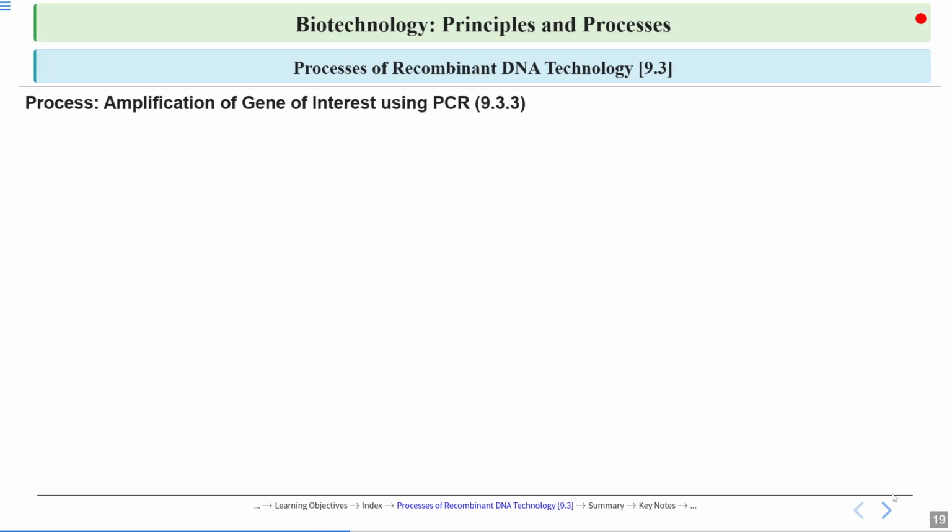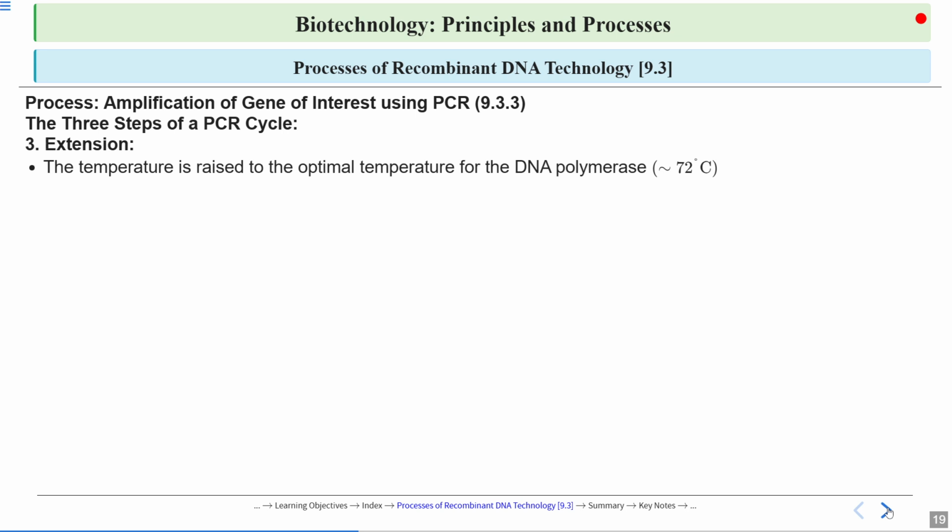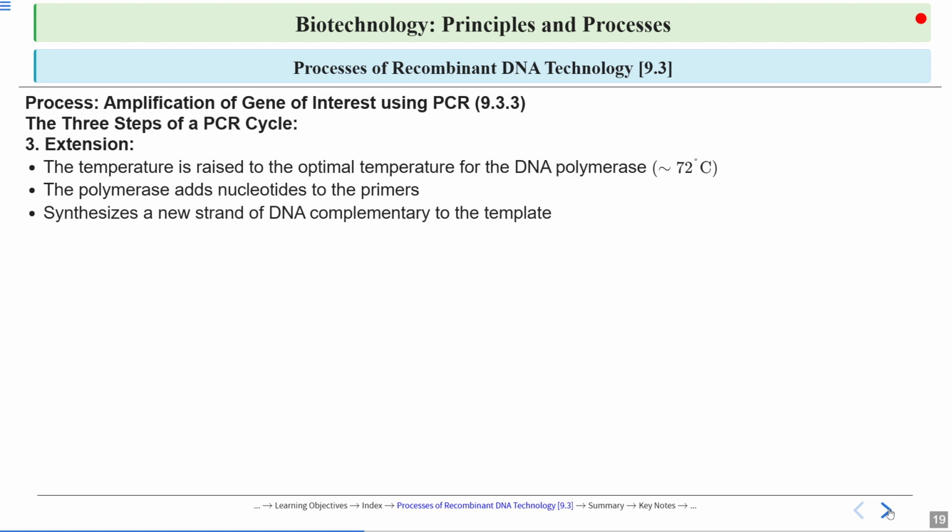When the primer goes and binds to the complementary region, after that the temperature is again raised to the optimal temperature of DNA polymerase, that is 72 degrees Celsius, and this polymerase adds nucleotides to the primer and synthesizes a new strand of DNA which is complementary to the template.